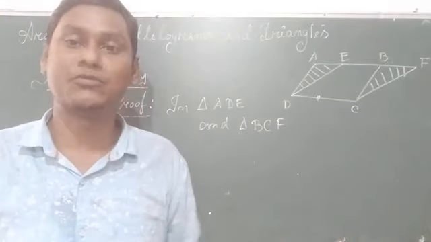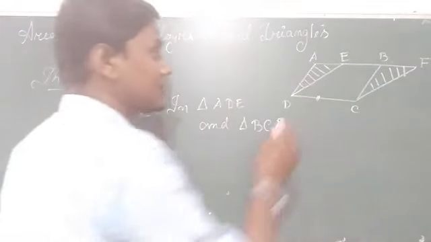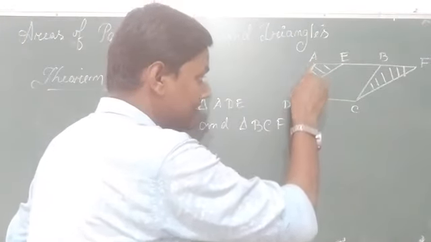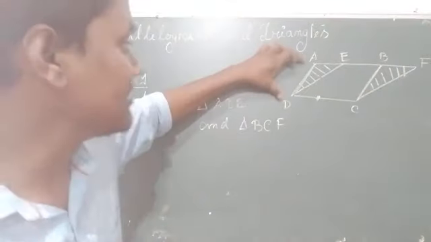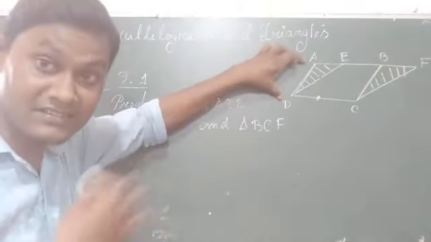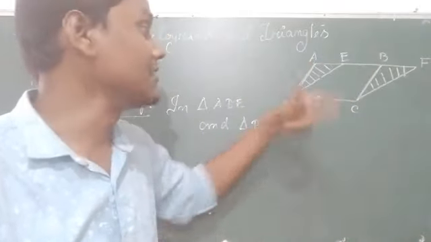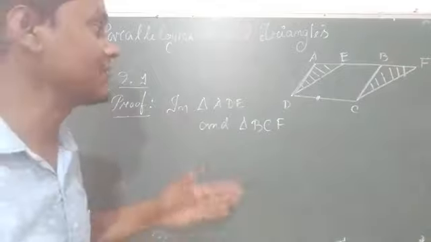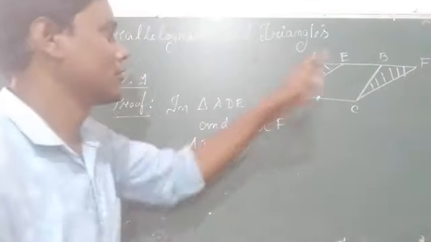In a parallelogram, the opposite sides are equal. Opposite angles are also equal. So you can see here, AD side and BC side will be equal. Why? Because AD side is in parallelogram ABCD and BC side is also in parallelogram ABCD. These are the two opposite sides. So very first step, I can write AD is equal to BC.